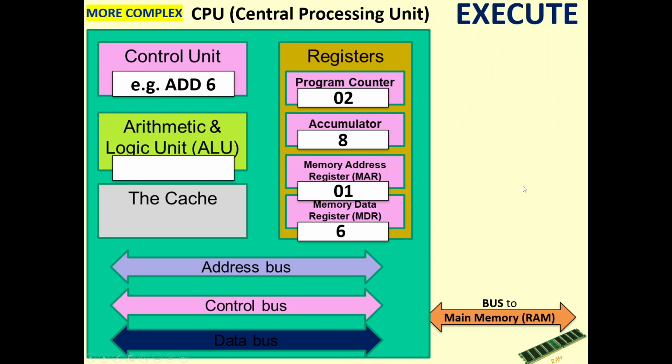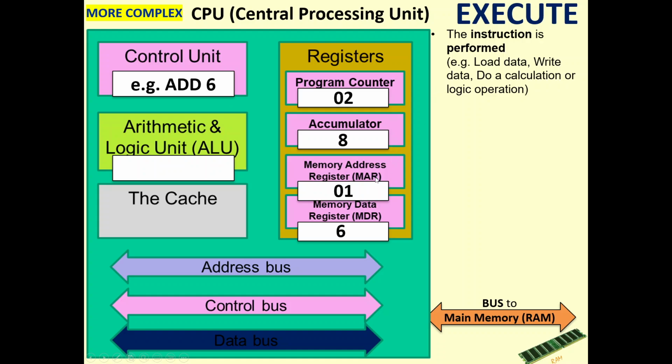And finally, now we've decoded it, we are going to execute it. We're going to carry out the instruction. The instruction is then performed or carried out. Could be load, could be write, could be add, whatever that instruction is. In this example, it's add 6. We're going to add the value 6 to whatever is in the accumulator. So the value 6 is added to whatever's in the accumulator already. 6 plus 8 gives us 14.